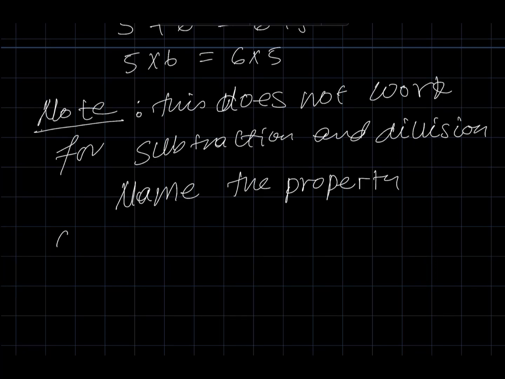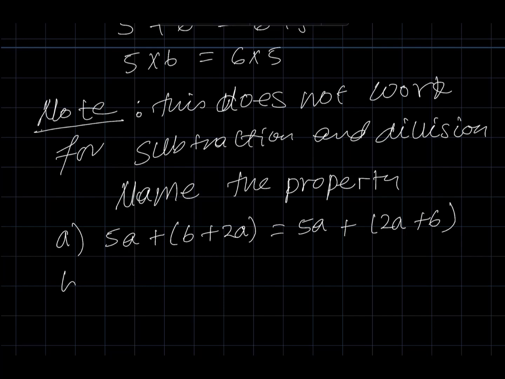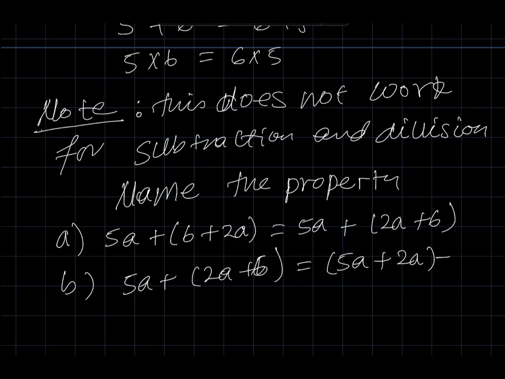A: 5a + 6 + 2a is equal to 5a + 2a + 6. B: 5a + 6 + 2a is equal to 5a + (2a + 6).